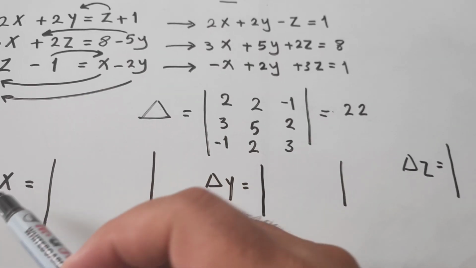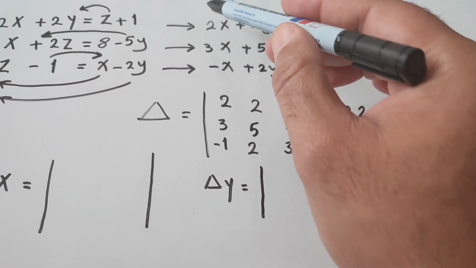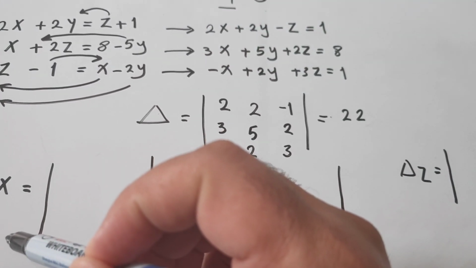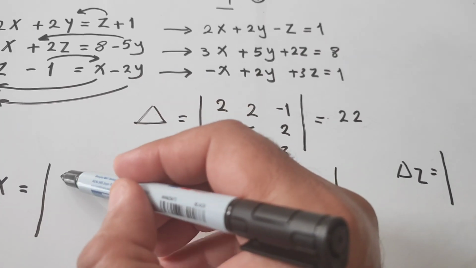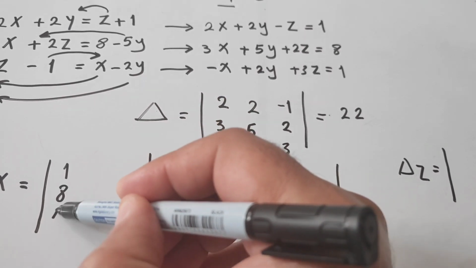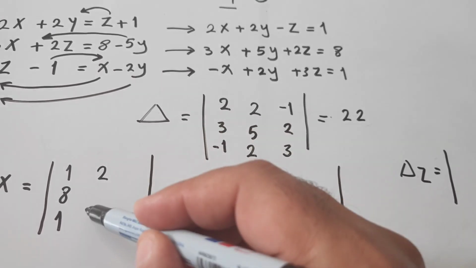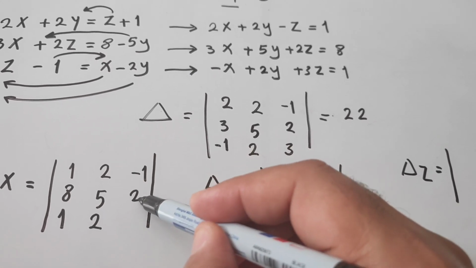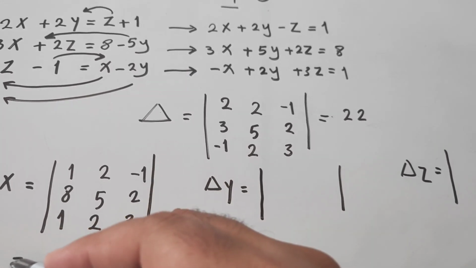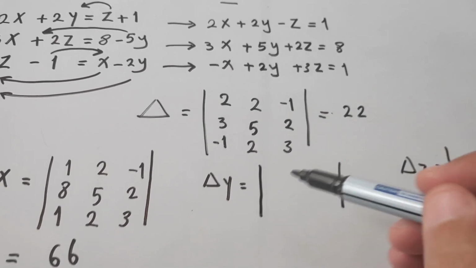Okay, delta x, we change the coefficient of x. We put 1, 8, 1 instead of it: 1, 8, 1, 2, 5, 2, negative 1, 2, 3. We can find the value of delta x, 66.